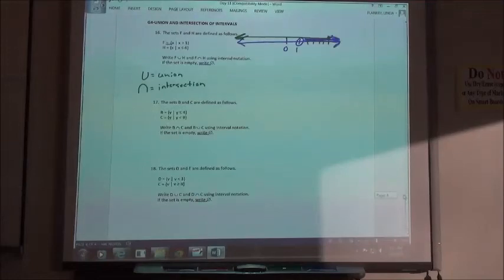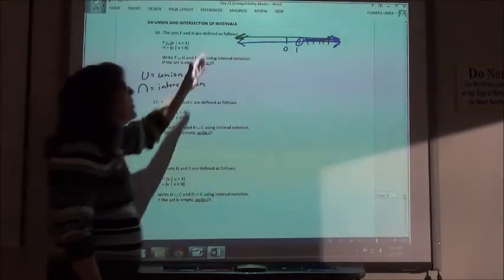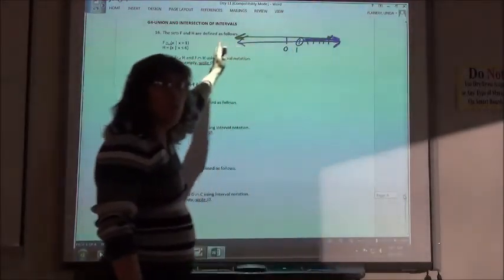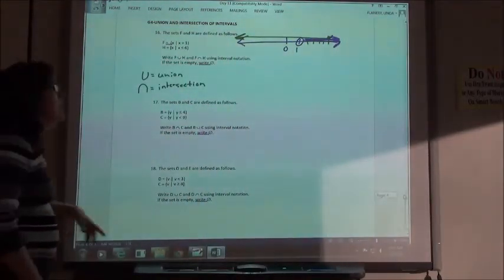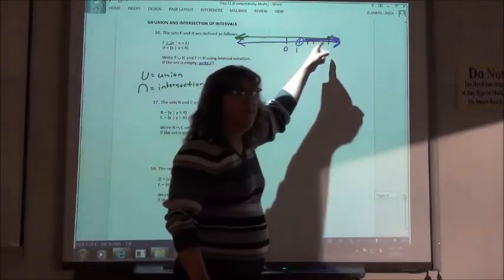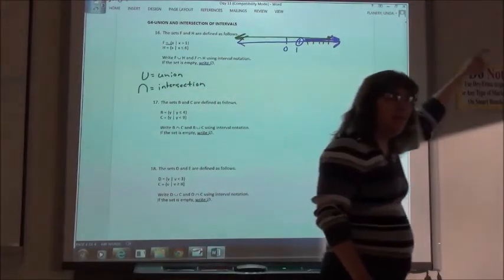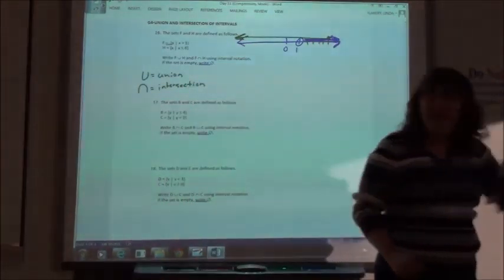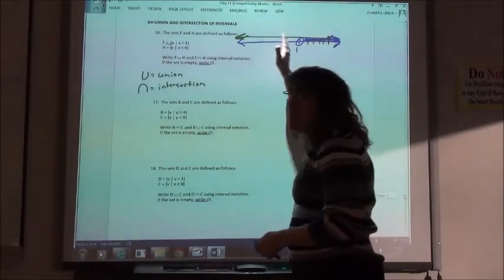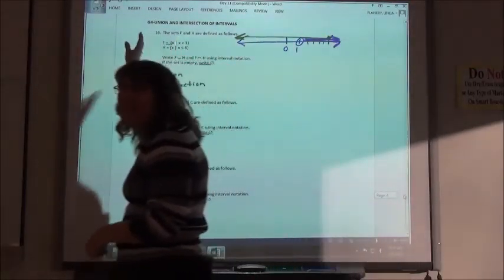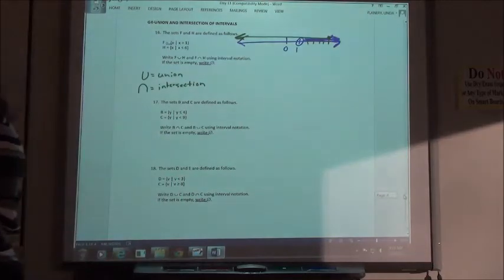So, if I do F union H, I want every number that is included in either one of my sets. Well, this set goes 1, 2, 3, 4, 5, 6, 7, 8, 9, 10, 11, 12, 13, 14, 15, and so on. This set goes 6, 5, 4, 3, 2, 1, 0, -1, -2, -3, -4, -5, and so on.